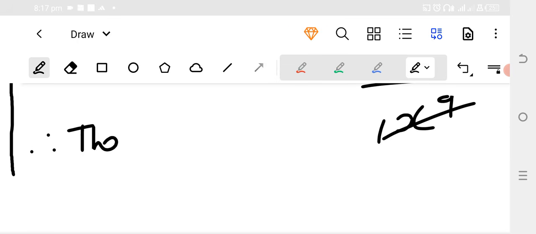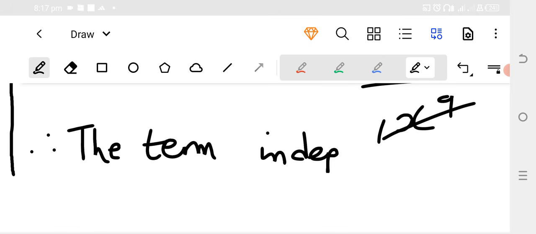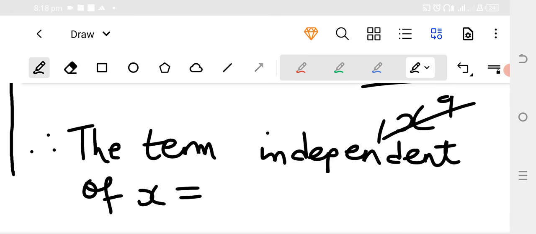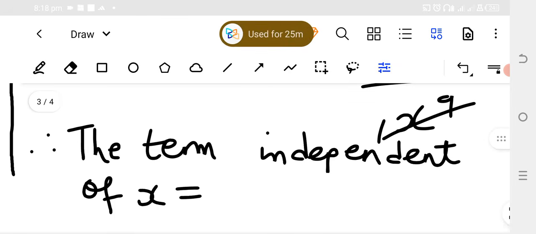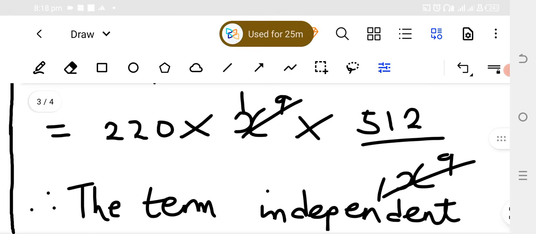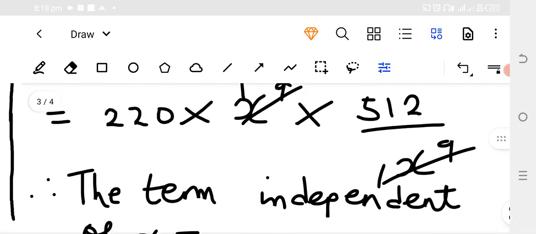Therefore the term independent of x is equal to 220 times 512. We're going to have a big number.